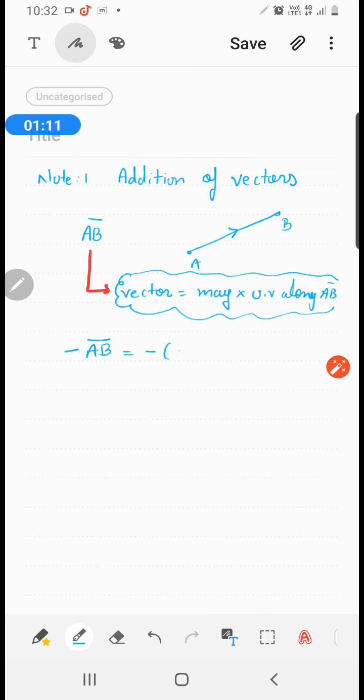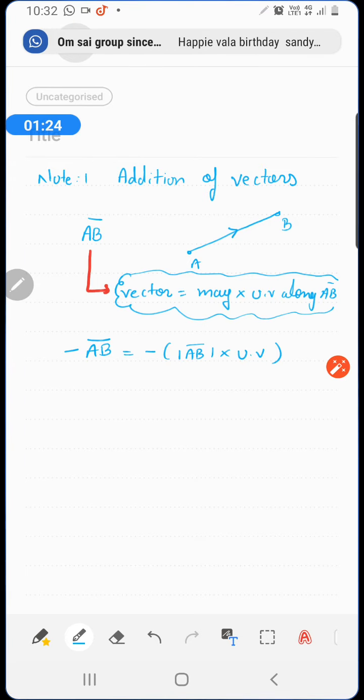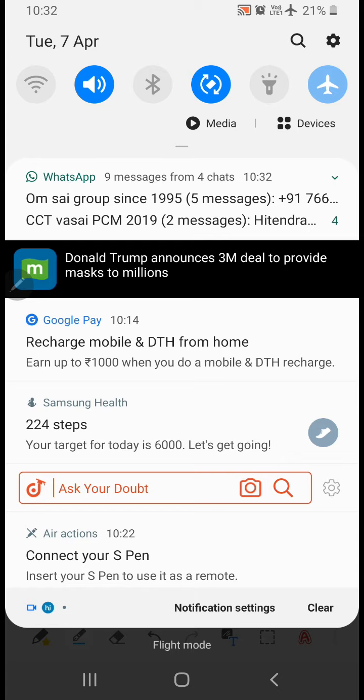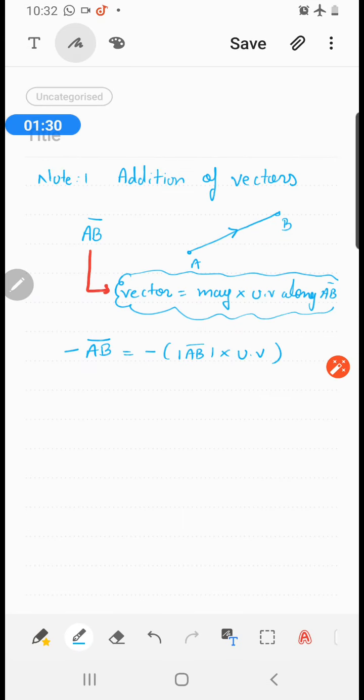Symbolically, I would write it as mod of AB bar into unit vector. Now, obviously, I cannot give minus sign to mod of AB bar because magnitude represents length of the vector and length cannot be negative. So here the negative sign will affect the direction of the vector. So here what I get is mod of AB bar into minus of unit vector.